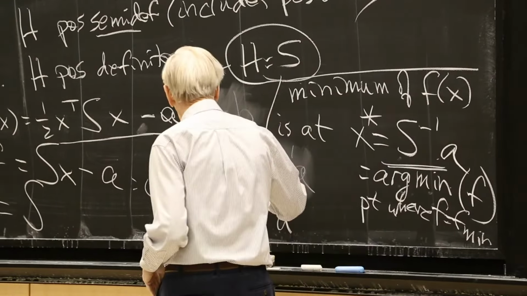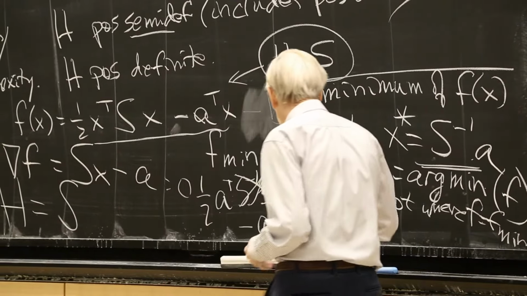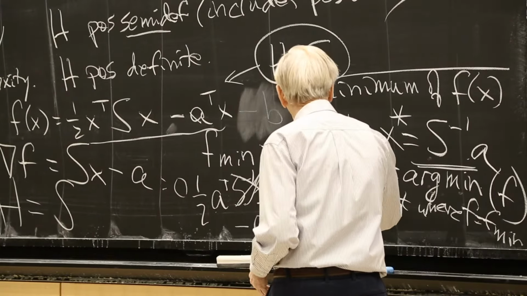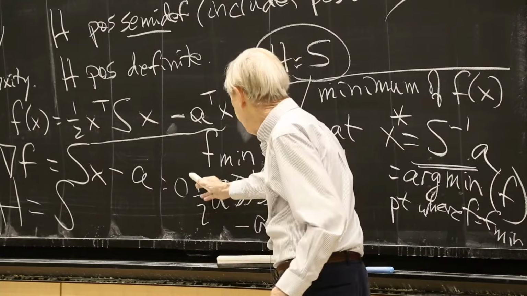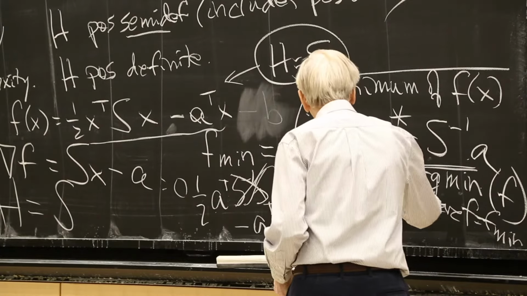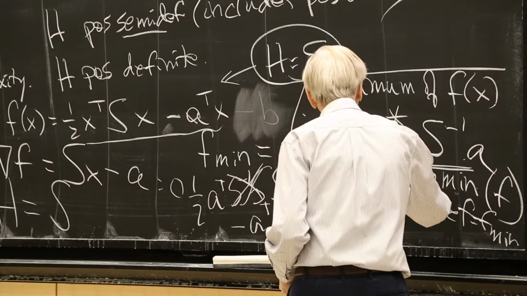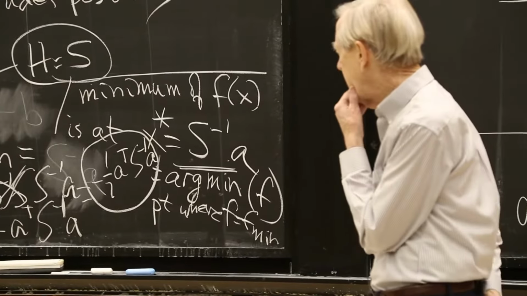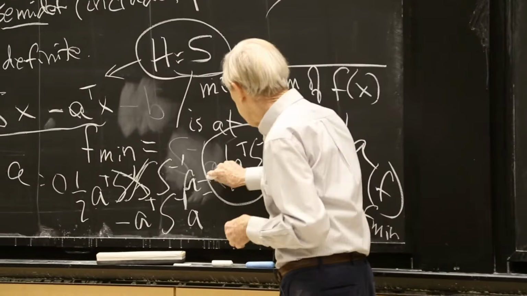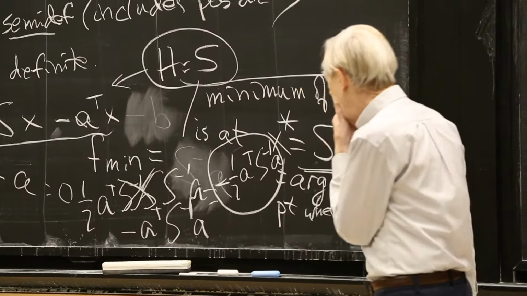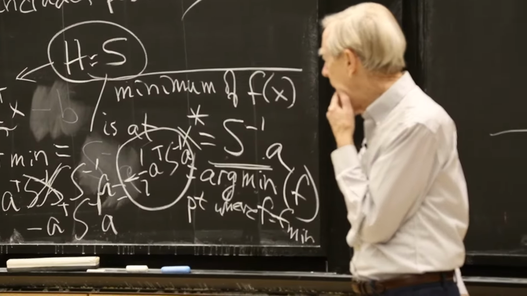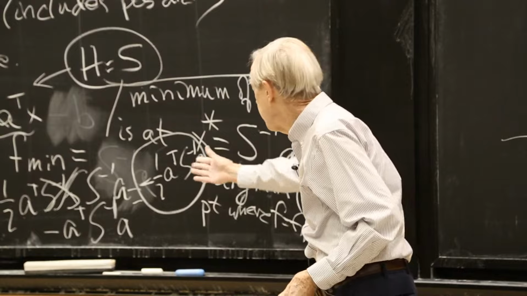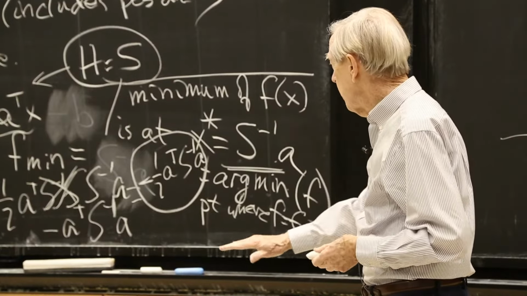Well, S inverse cancels S. So I have a half of A transpose S inverse A minus 1 of A transpose S inverse A. So I get finally negative a half of A transpose S inverse A. Sorry, that's not a brilliant use of the blackboard, but it's easily repeatable. Okay, good. So that's what a perfect quadratic bowl minimizes to, its lowest level.